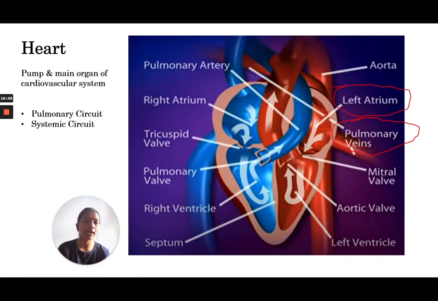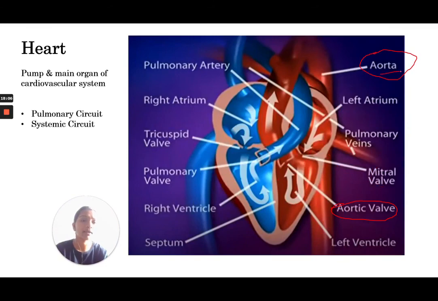From the left atrium, the blood passes through the mitral valve into the left ventricle. Now the oxygenated blood in the left ventricle passes through the aortic valve, travels to the aorta, and from the aorta the blood comes out.